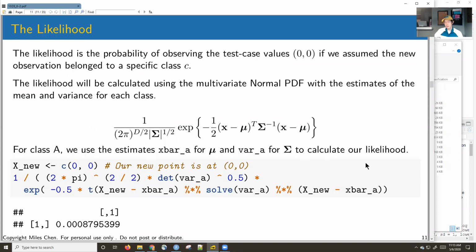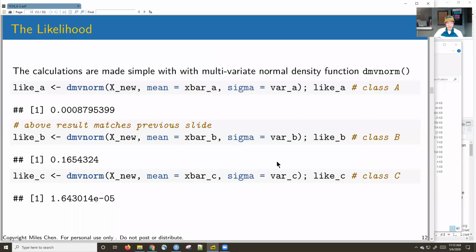Fortunately for us, there is a function in R that does the exact same calculations, and it's a lot easier to use. You use it much like the dnorm function, except we call it dmvnorm for multivariate normal. For this, we give it the vector of our test case.